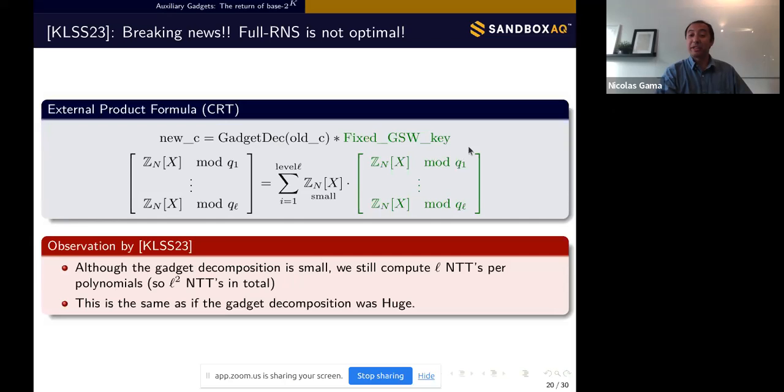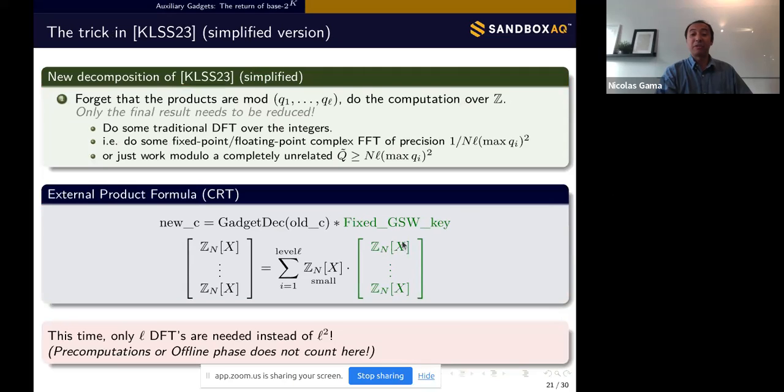What happens if we forget that we are mod Q1, mod Q2, mod QL? If we just treat this vector as a regular integer polynomial, and because they are mod Q1, mod Q2, we can choose the centered representation, so the integers will not be too big.